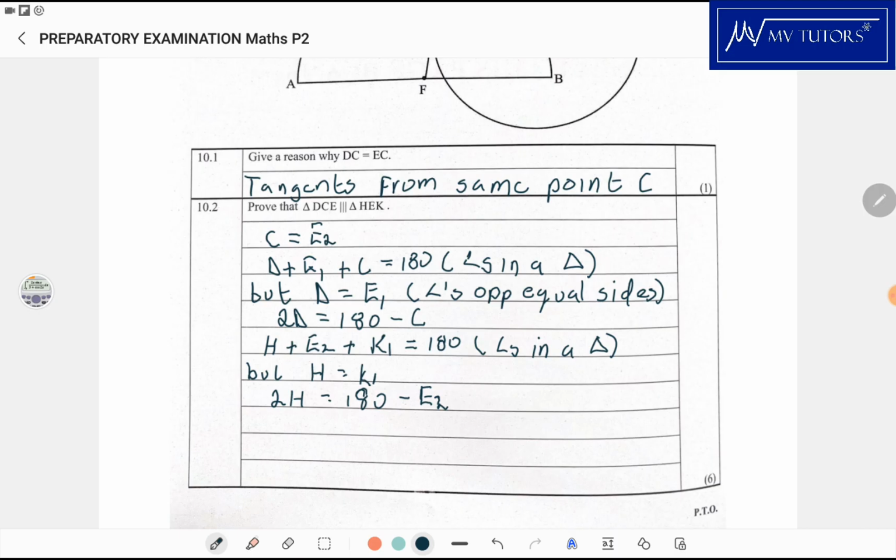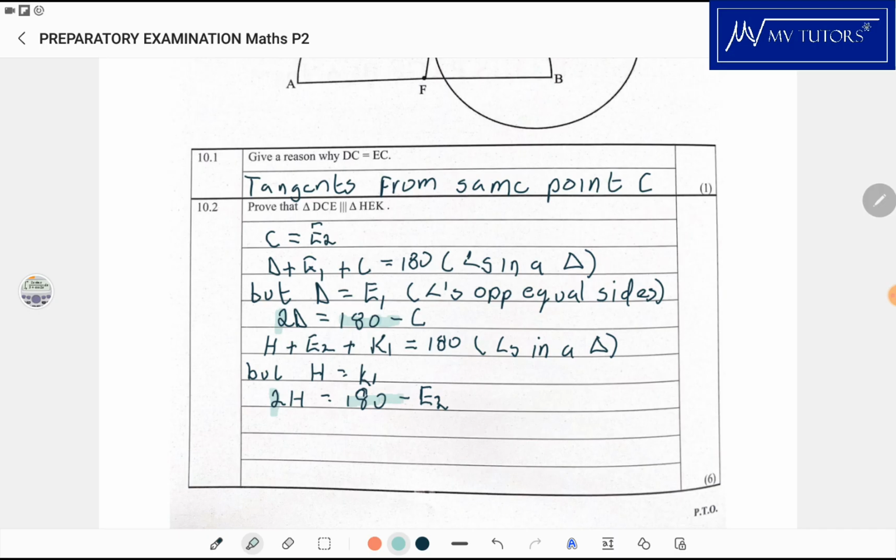So you see that. But now I want you to focus on this. 2D, the 2 is the same as that 2. Then I have D and H. Then I have this 180 and that 180. Then I have a minus and a minus. All these things are the same.